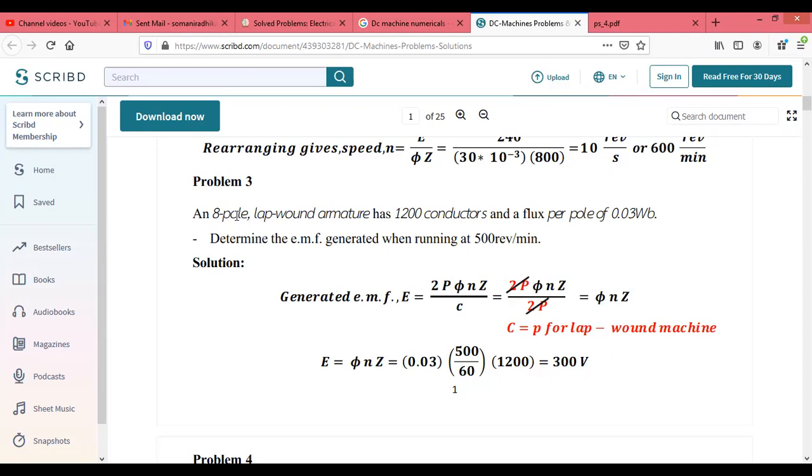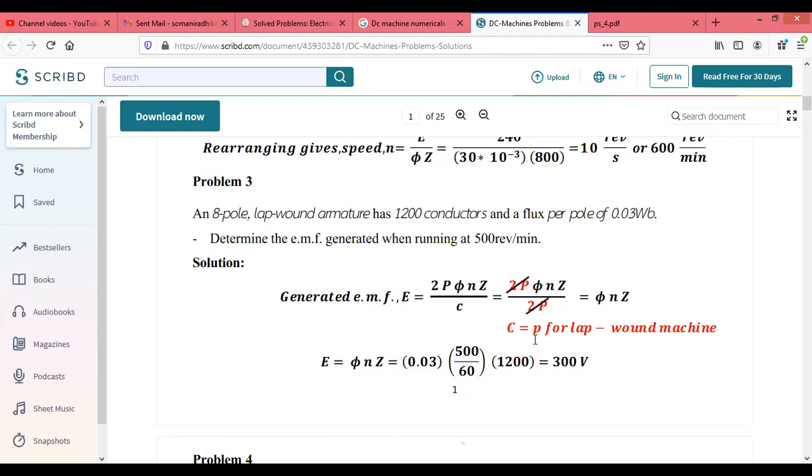If they are giving an 8-pole lap wound armature which has the conductors and flux, and if you consider C equal to 2P, then here 2P, C equal to 2P, will get cancelled. Again you will get generated EMF equal to N phi Z.